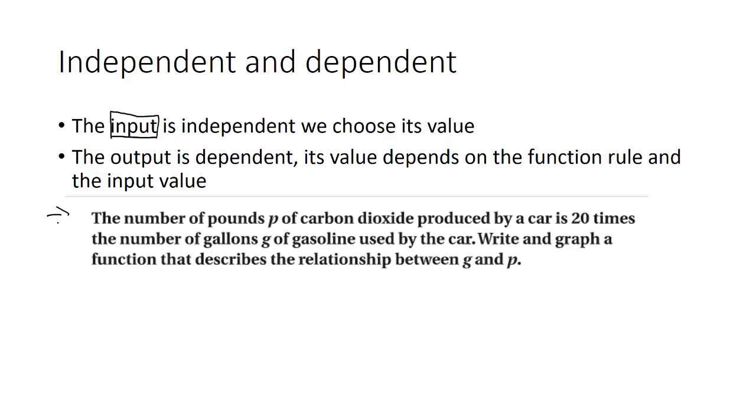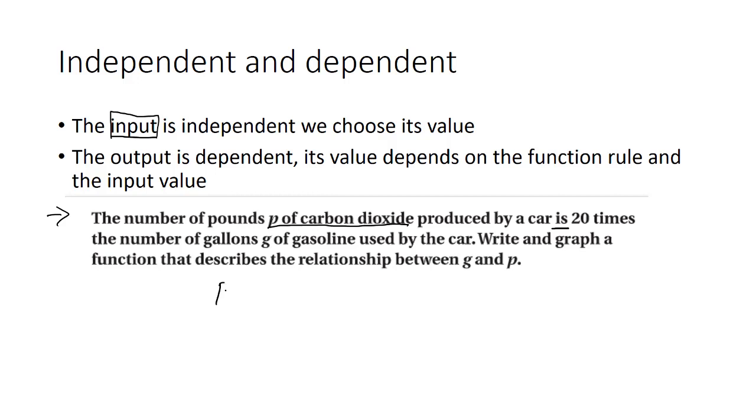So here's an example problem. The number of pounds of carbon dioxide produced by a car is 20 times the number of gallons of gasoline used by the car. Write and graph a function that describes the relationship between G and P. Well, it says the pounds of carbon dioxide produced by a car is.